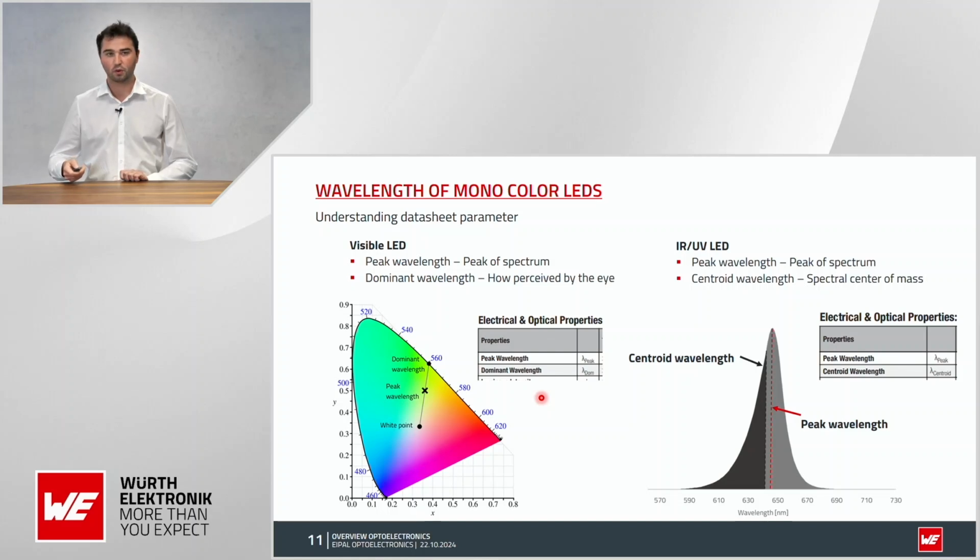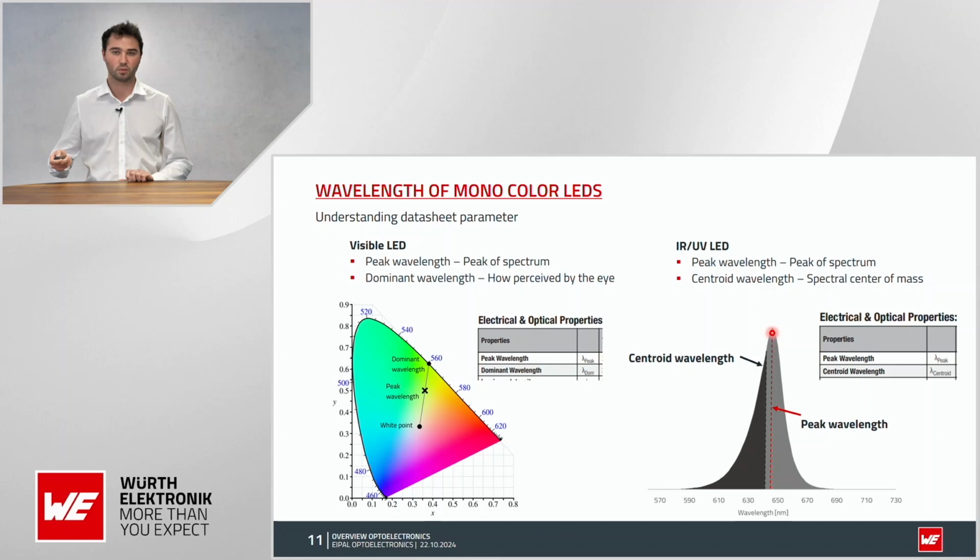Okay, so this is for white LEDs, but of course we also have monocolor LEDs, or single color LEDs. For single color LEDs, you typically use the peak wavelength or the dominant wavelength. If you look at the spectrum, here down is the wavelength versus the intensity.